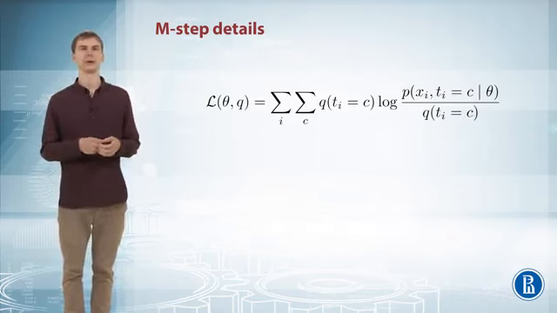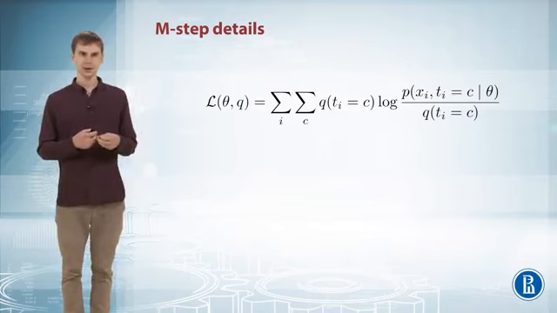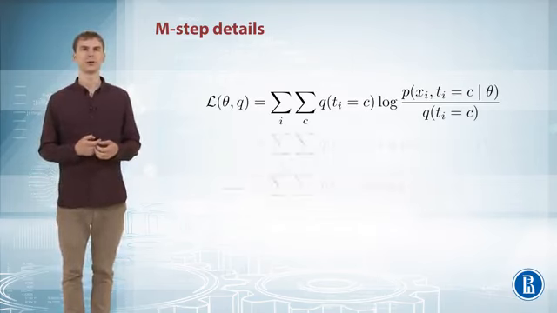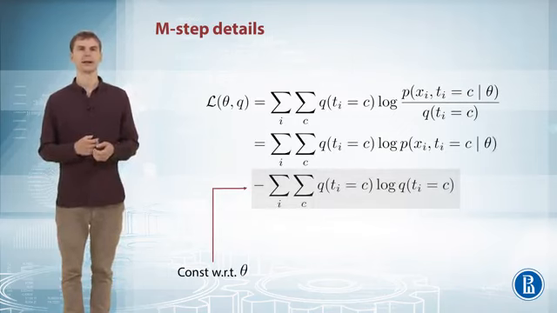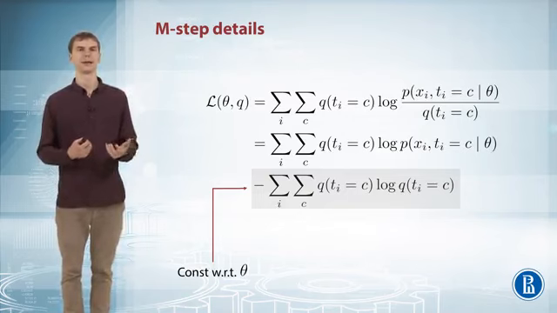So it's a sum with respect to the objects in the dataset, then a sum with respect to the values of the latent variable t, and then some weighted logarithms of the ratios. Now we can use the property of the logarithm, that the logarithm of a ratio is a difference between logarithms, and we'll get something like this. And note that the second term in this expression is constant with respect to theta, so it doesn't depend on theta at all.